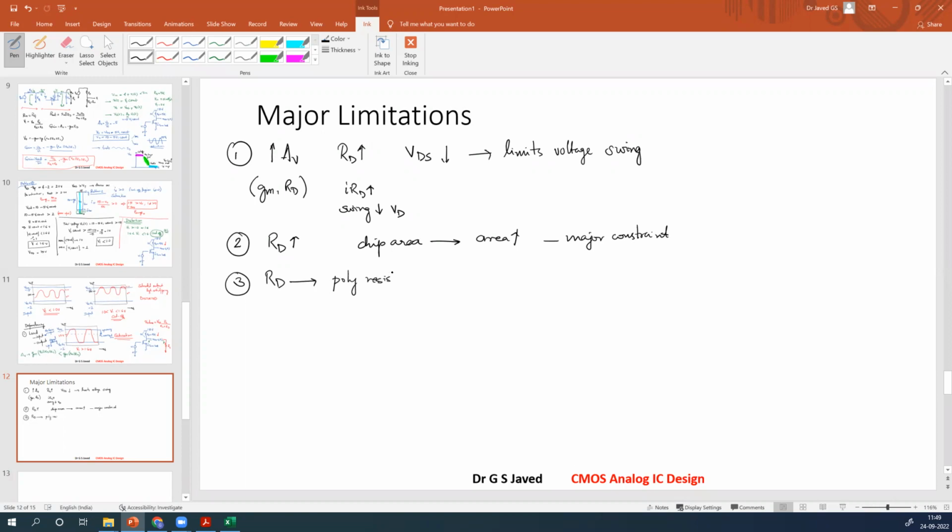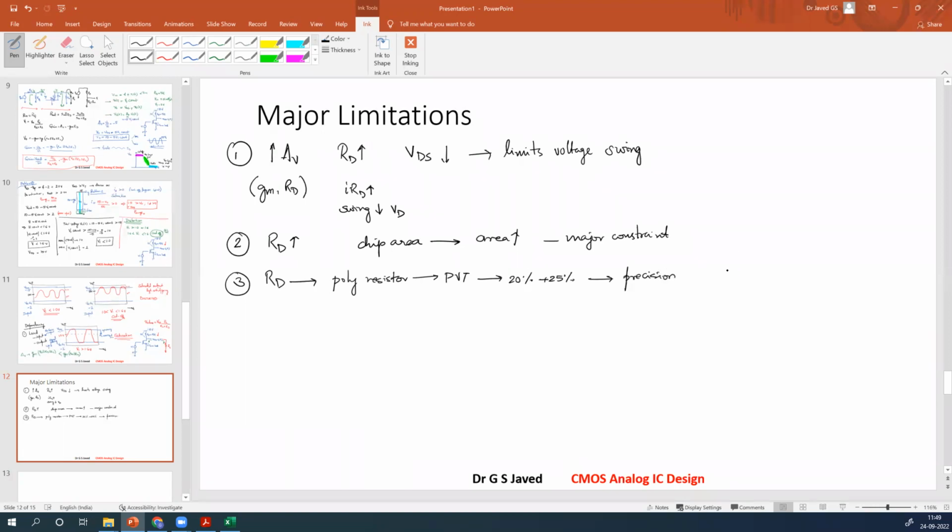RD is made using a poly resistor. Polysilicon will be there, so what is the polysilicon value? It will come, and polysilicon varies with PVT, and typically that number is anywhere between 20 and 25%. So you have an issue with precision.